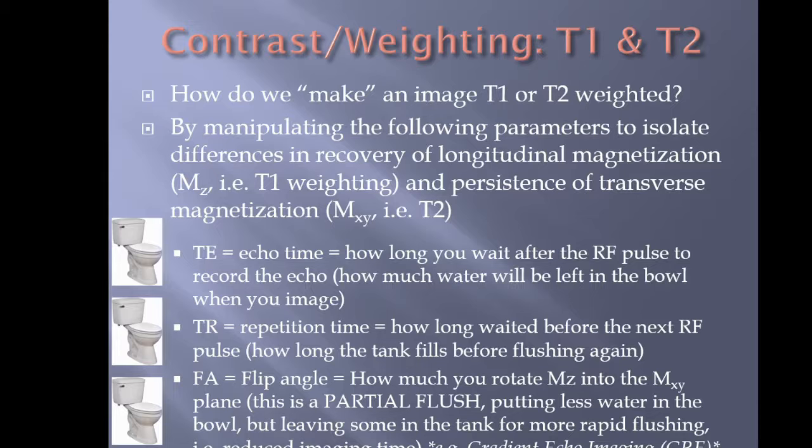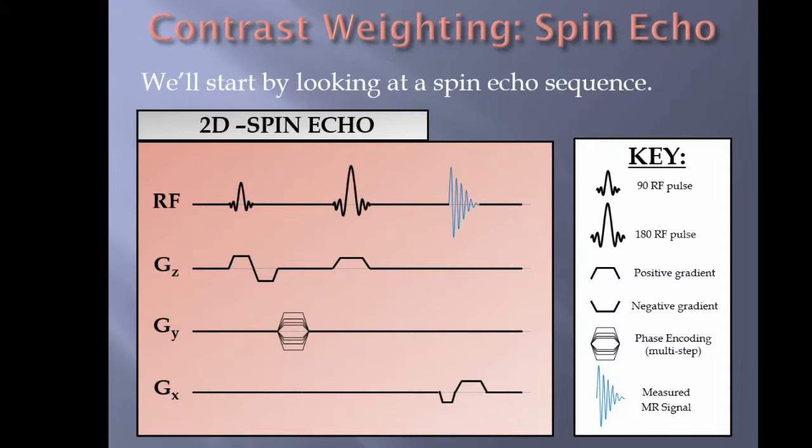Okay, stepping out of the analogy. In flip angle, basically you only take part of the water in the tank and put it into the bowl. So you're not going to have as much signal in the bowl at first at T0, but you're also going to have stored some magnetization in the tank, allowing you to just mash on that flusher and flush multiple times in a row.